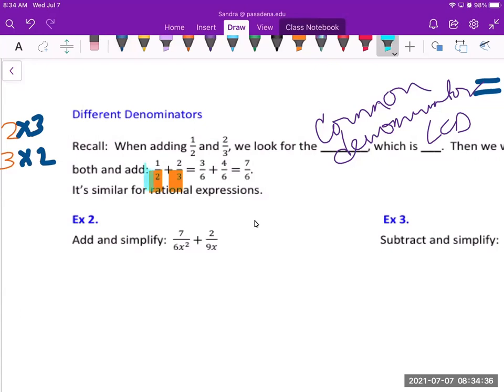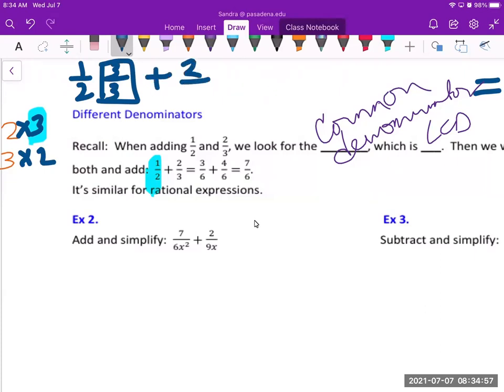So what we do is we get the 1/2, I'm going to erase. I get the 1/2 and I'm going to multiply by the blue missing number, numerator and denominator. So it will be like 1/2 and then multiply by this 3, and then plus the 2/3.